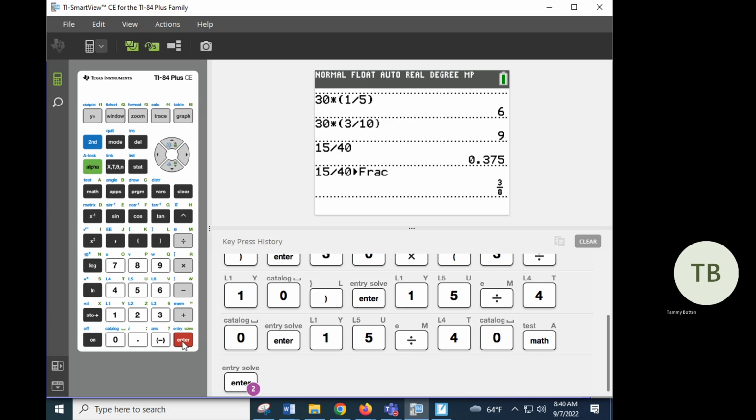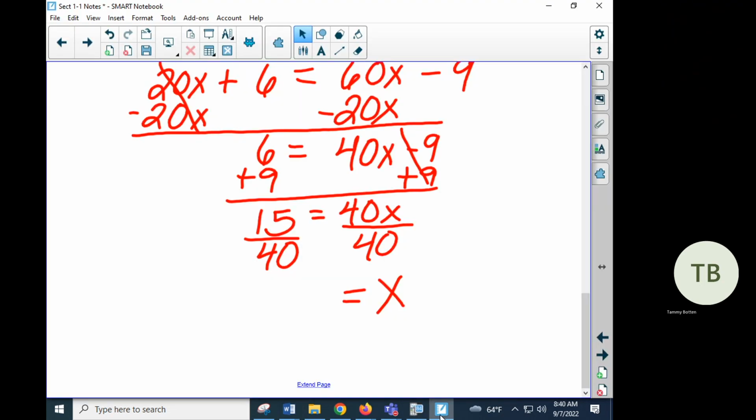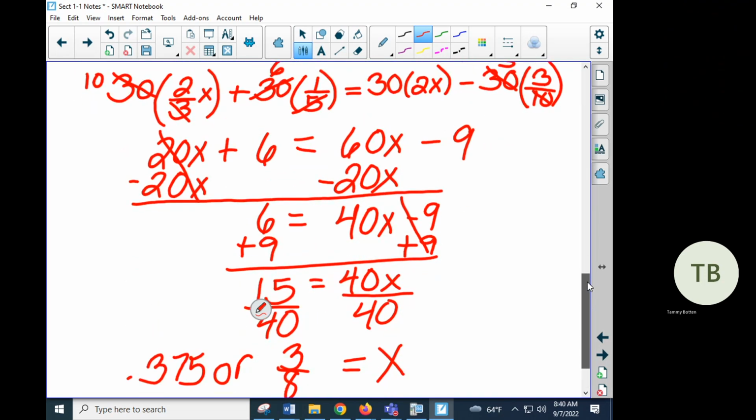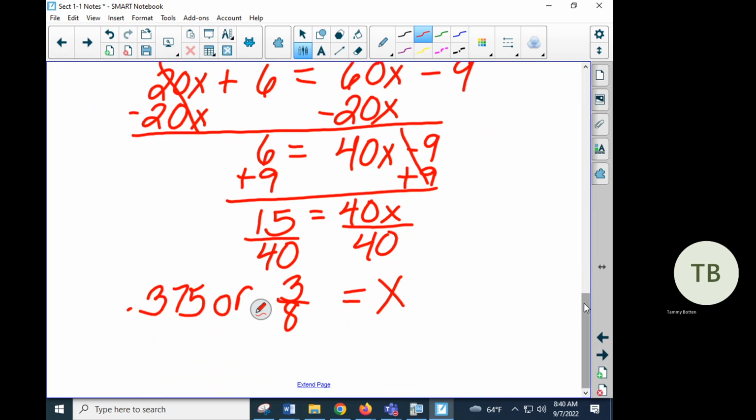There will be times we will use that. Today you could put it as 3/8 or as 0.375. So obviously something like this, I'm not going to give you credit, but just an answer.